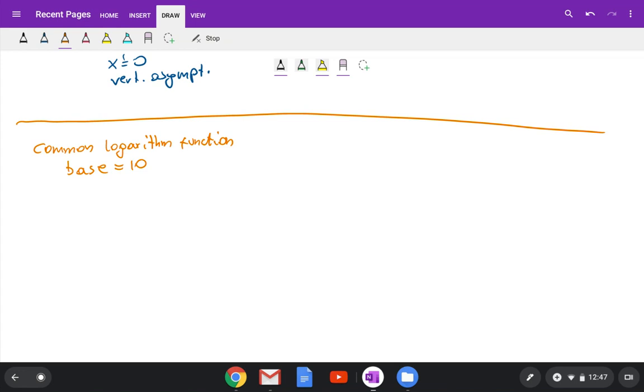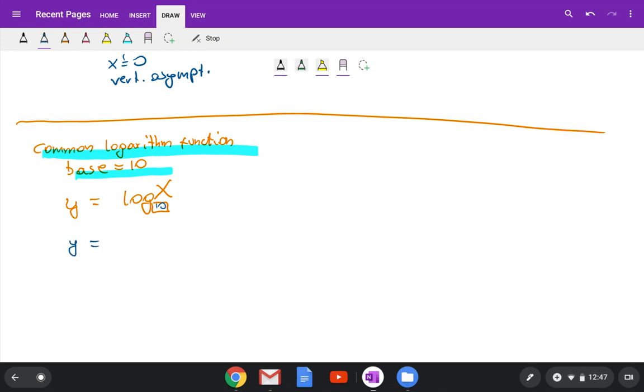We call it the common logarithmic function because we use base 10 a lot, and you write this as y equals log of x. In most books, when you have log and you don't see a base, that means the base is equal to 10.